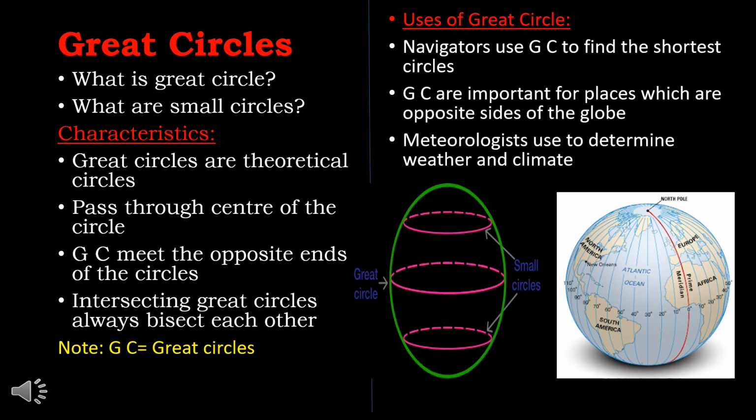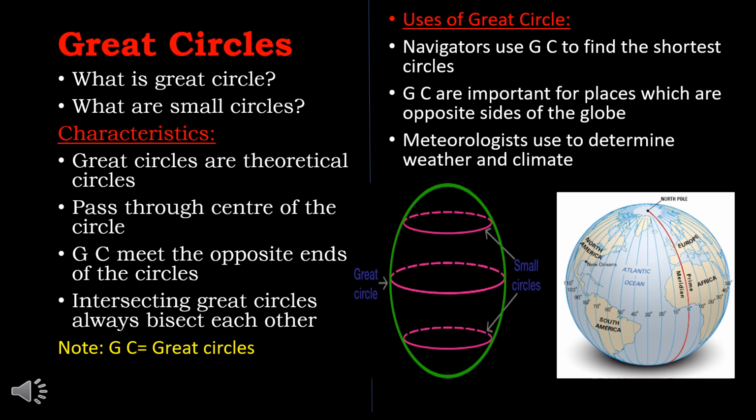Secondly, the great circles must pass through or touch the center of the earth. Infinite number of circles that touch the two opposite ends of the sphere can be drawn on a sphere. Intersecting great circles always bisect each other.